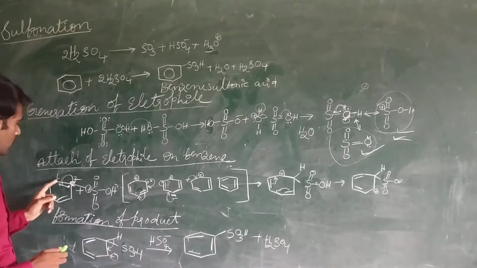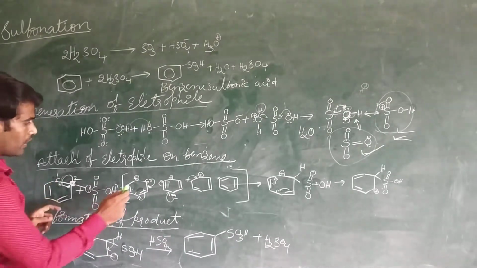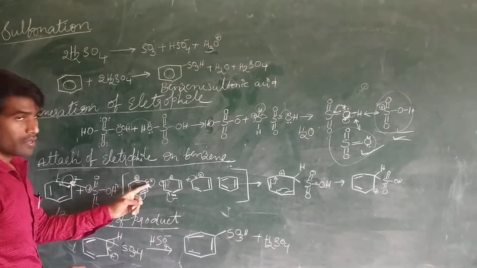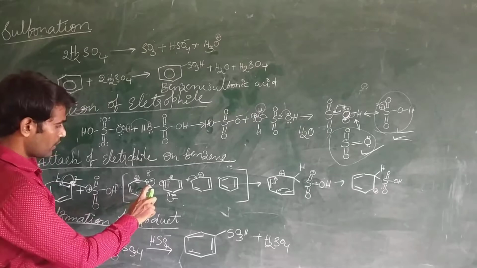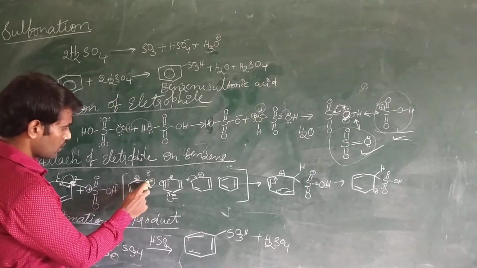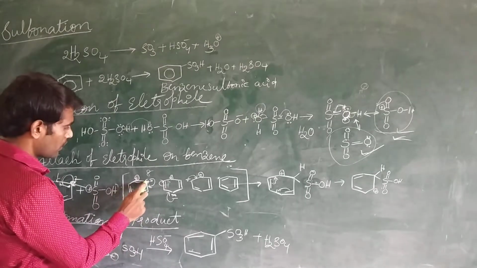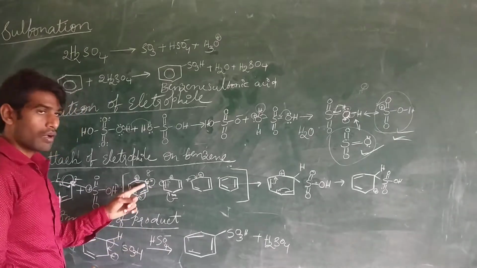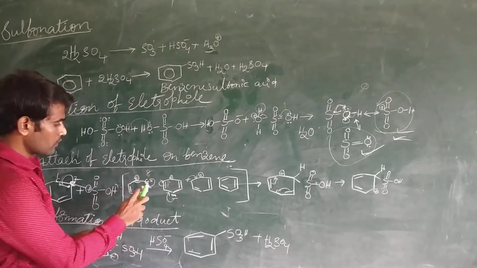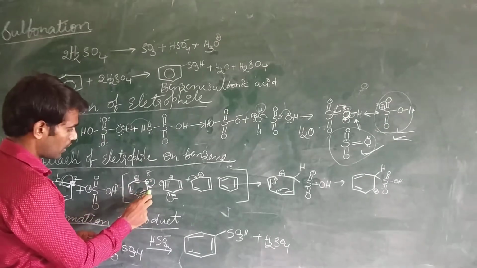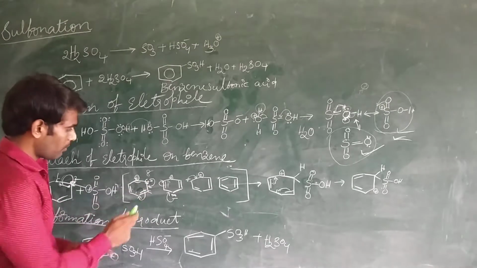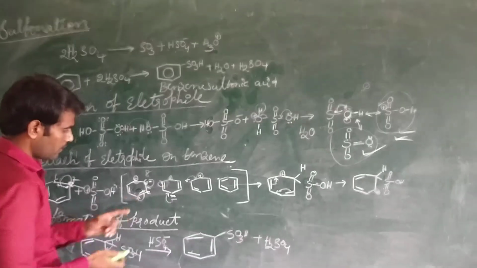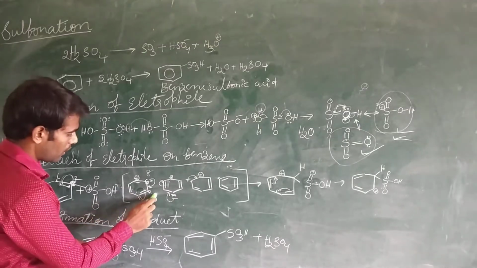Now this carbon's valence is 6 and this carbon's valence is 8. Now it is an octet carbon. This density is now on the second carbon, but now it is moving between the second and third carbons.